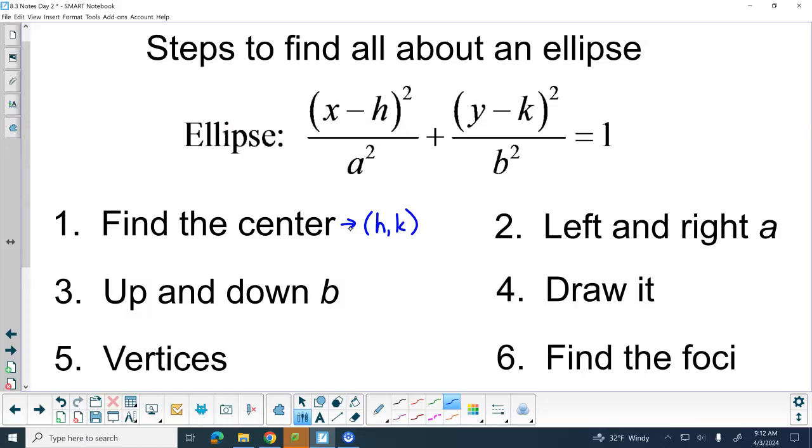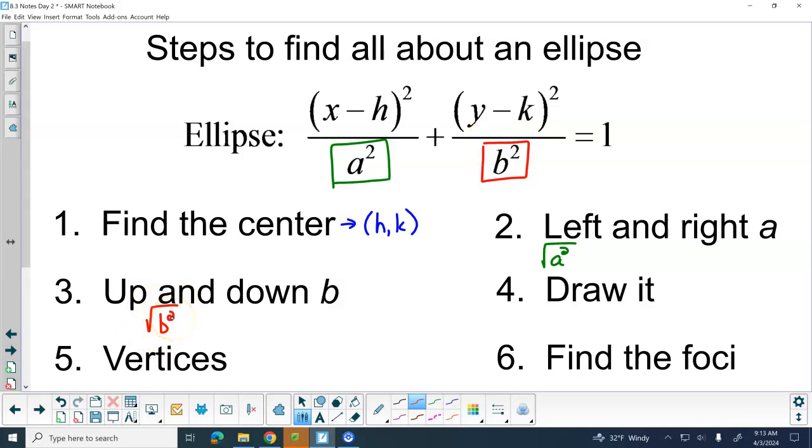Remember, we have to take the square root of A squared, so that's the square root of this number, and that gets us our A. We go left and right, and we put dots from the center. Then we go up and down for B. Again, we take the square root of B squared.